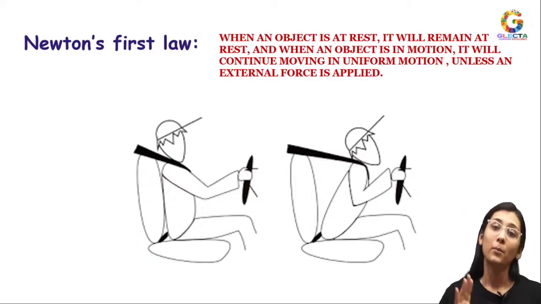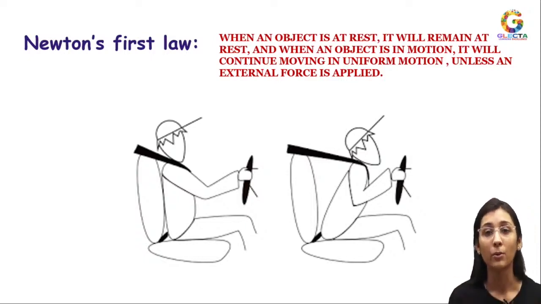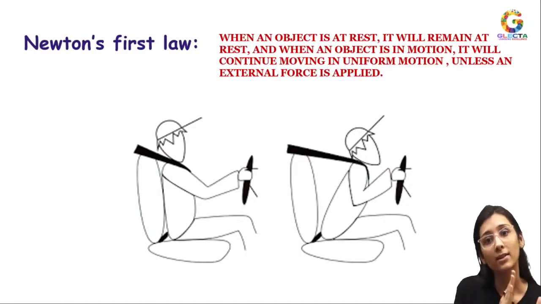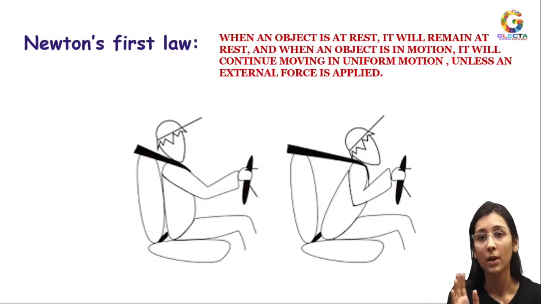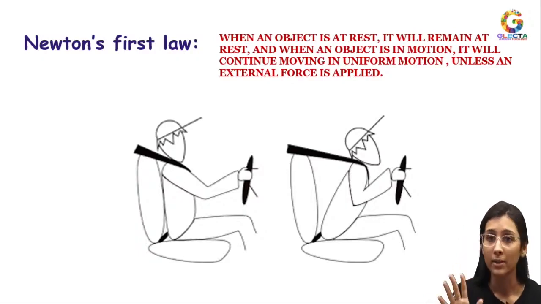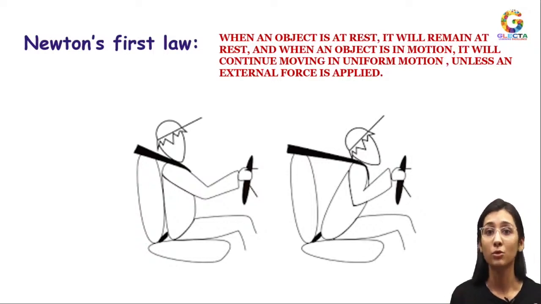Next, when the bus applies the brakes, you move a little forward. Why move a little forward? Because with the bus, you were in continuous motion. Now when you were in continuous motion, the brake was applied, the bus was stopped. Now the bus was stopped, but you need some time to stop.